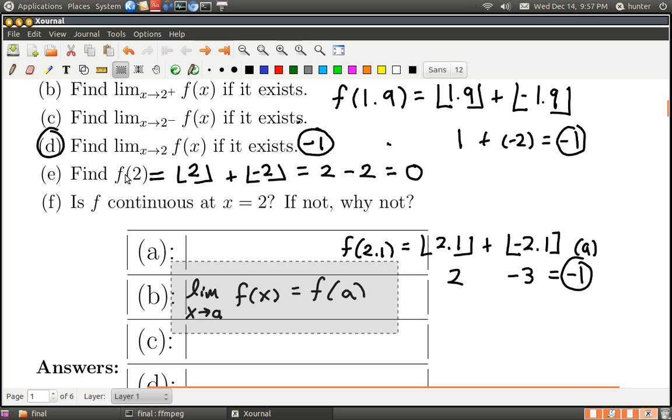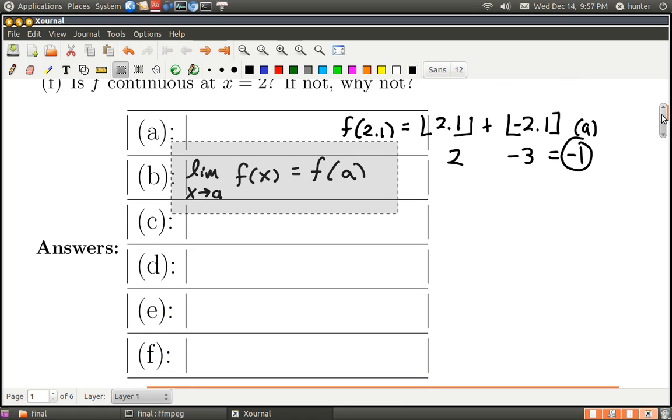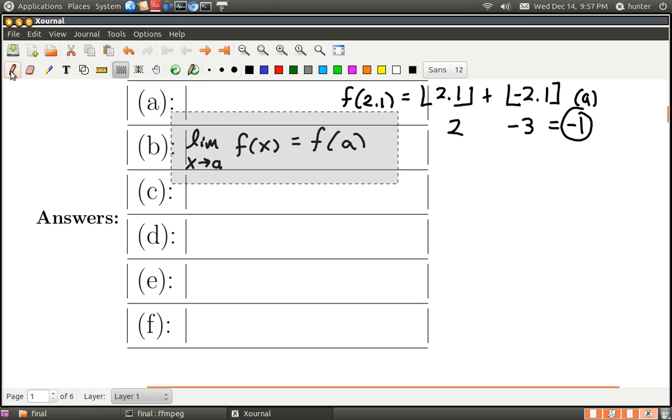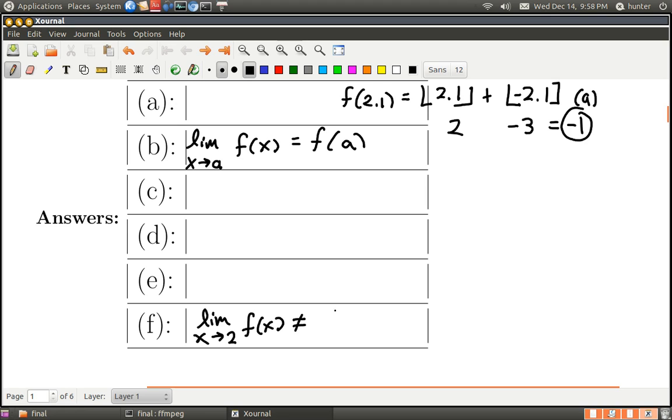However, when you actually plug 2 in, 0 comes out. What I want you to write, if something like this happens, is the reason why it's discontinuous at 2. The reason is that the limit as x goes to 2 of f of x is not equal to f of 2. Right? And that's it for this problem.